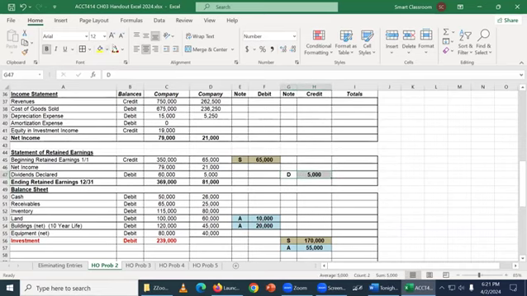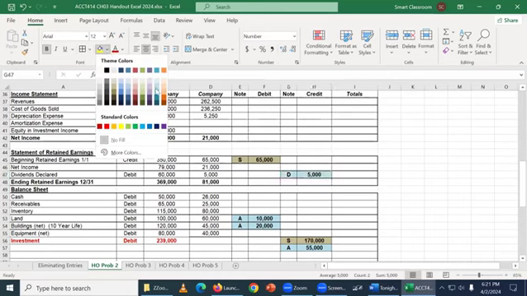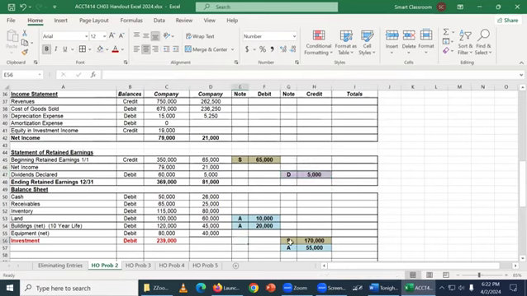Yeah, let's give that a color. What color should we make that? Purple. All right, so 5,000, oops, up there. 5,000 of dividends.